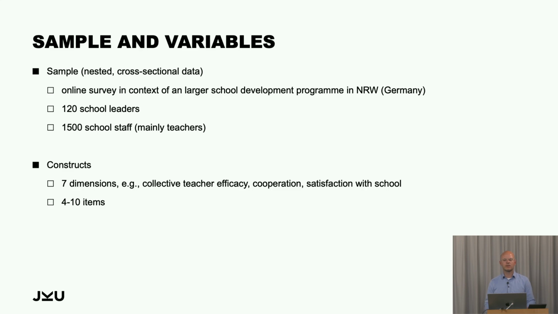We collected information on seven different dimensions of school quality, for instance, collective teacher efficacy, cooperation among teachers, and satisfaction with the school. The number of items for these dimensions varies between 4 and 10.